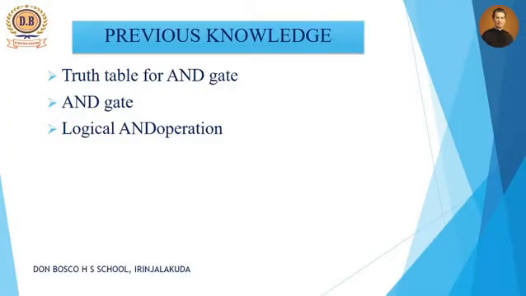So we are discussing the topic Boolean algebra. In the previous videos we already saw the basic gates or basic operations of Boolean algebra. In the first video we saw the OR operation, its truth table and working. Then in the 28th video, the AND gate, its truth table and the basic circuit diagram for the AND gate.